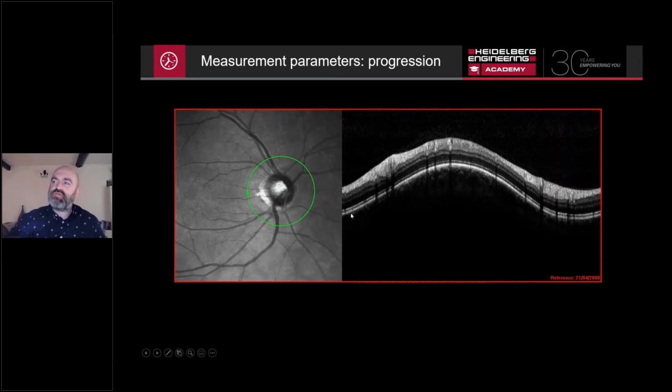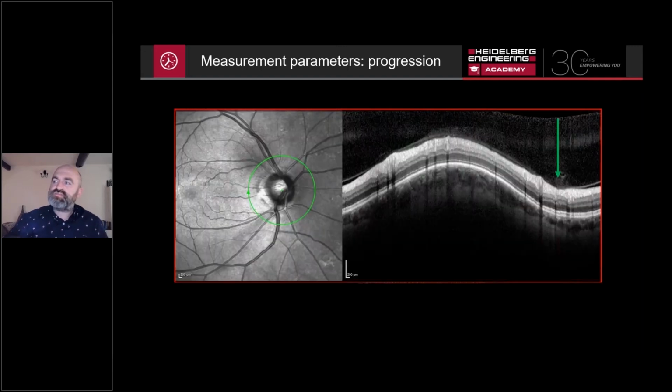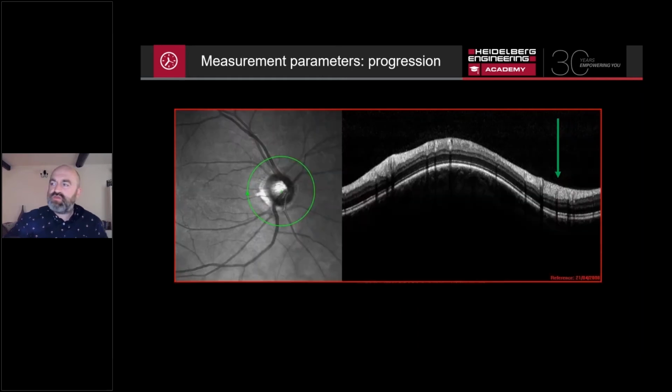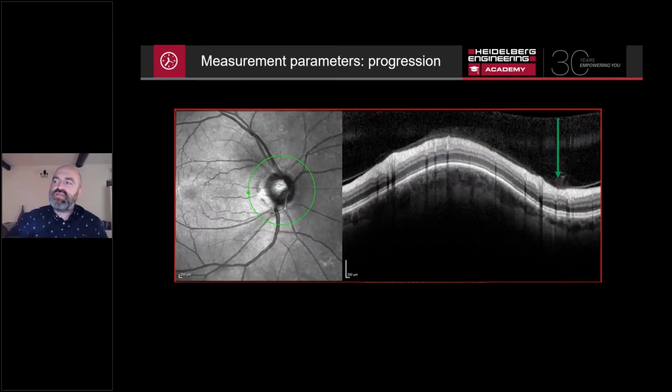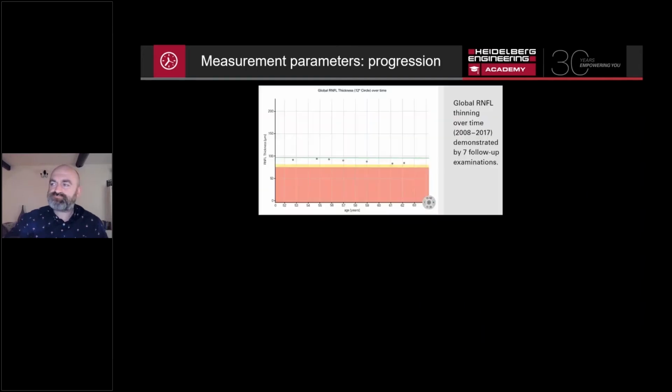I want to bring to your attention this B scan here, and I'm just going to animate the two visits. These two scans are 8 years apart, and it really shows you the thinning of the nerve fibre layer and where we need to look for this structural change. You'll notice that it's the structure surrounding the blood vessels there that's really changing as we go through time.